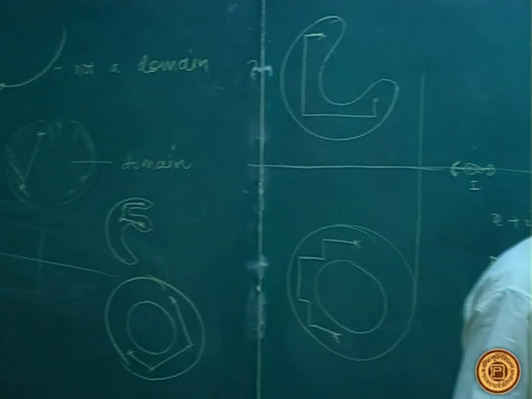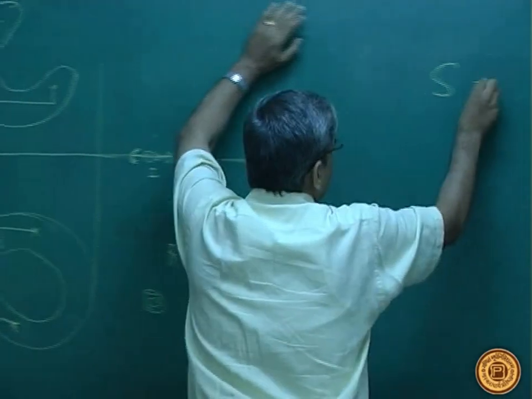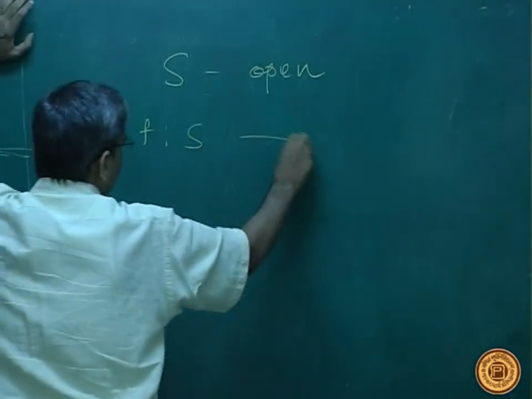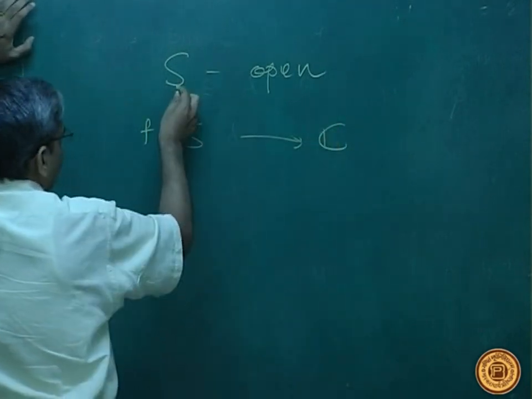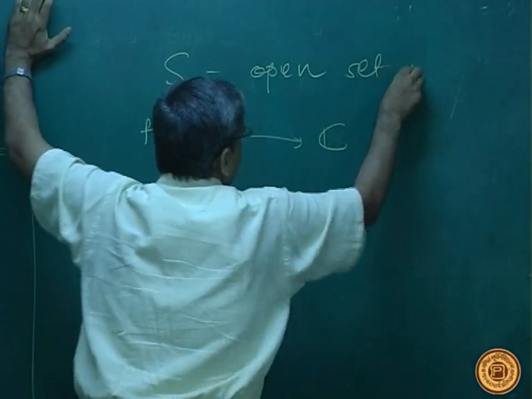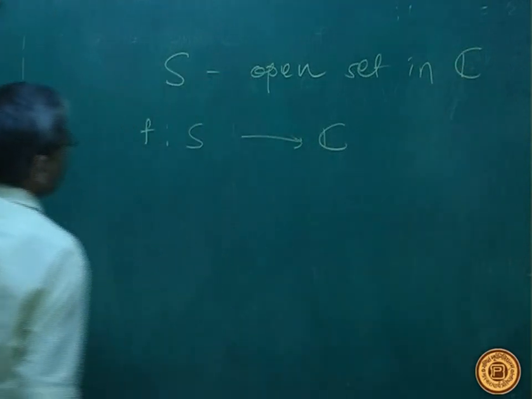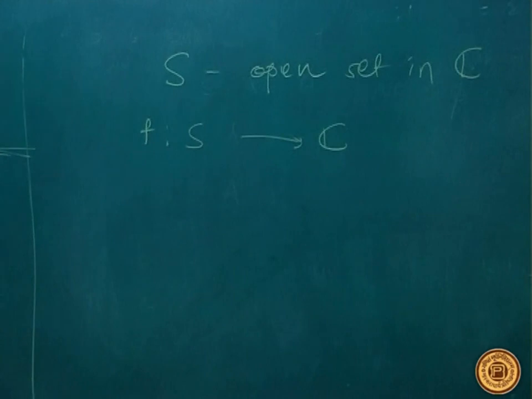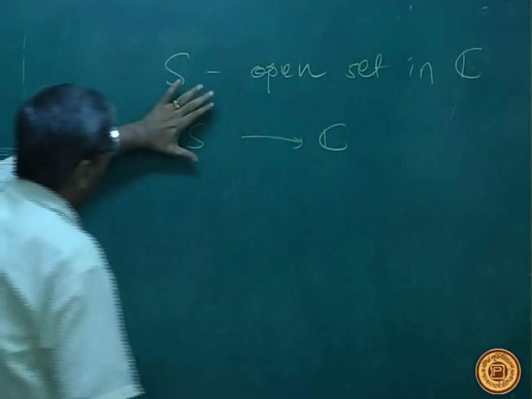So we start with an open set S, and f from S to C is a function, where S is an open set in C. So this is a complex valued function of a complex variable defined on an open set.